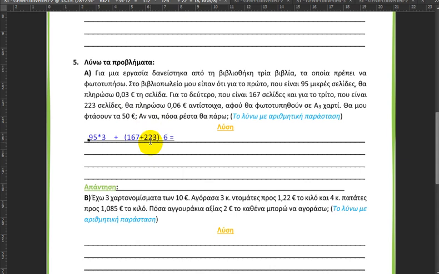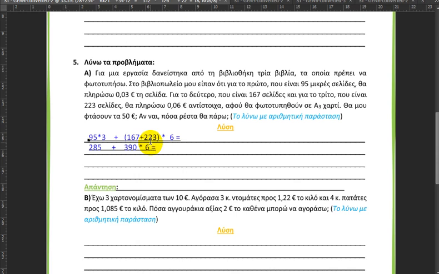So 95 times 3 is going to give us 285, and then plus here 167 plus 223 will make 390. And I forgot to put the times symbol here. Times 6.